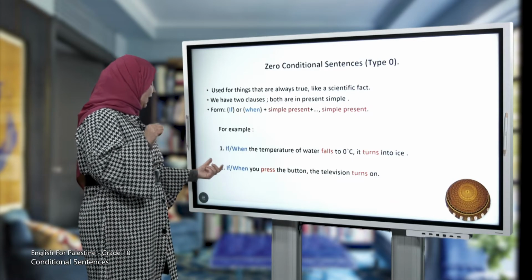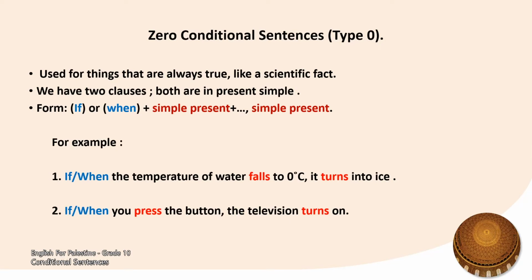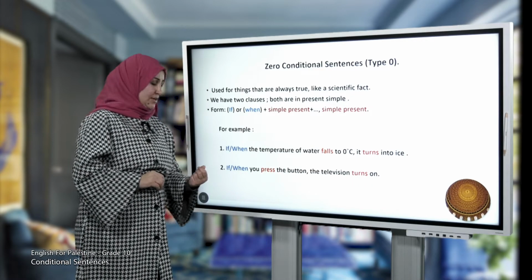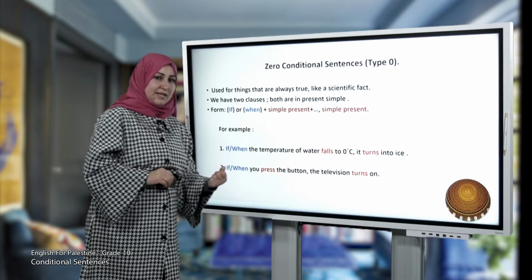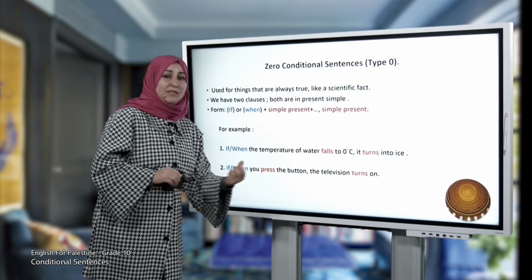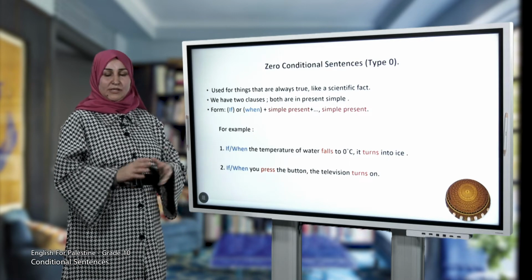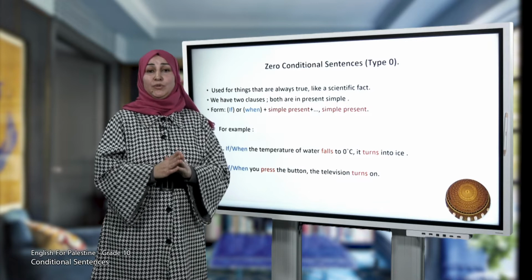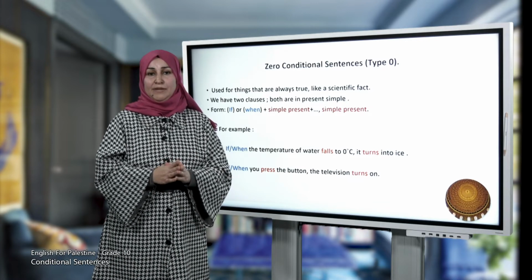Number 2, if or when you press the button, the television turns on. Again, we have 2 verbs in both clauses, and the 2 verbs are in present simple. So, in type 0, both clauses have to have a present simple verb.